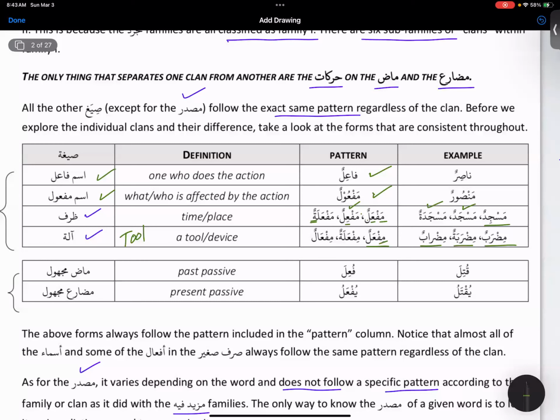And why these three variations? I was listening to an explanation of it, so I got different answers for that. One is they are saying that these are basically the size of the tool. So midrabun is the small, right? And then midrabatun is the middle one, middle sized.